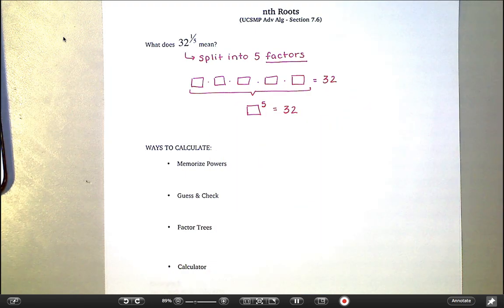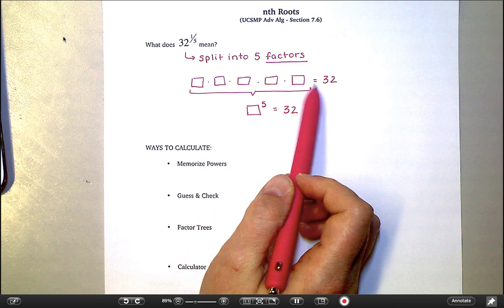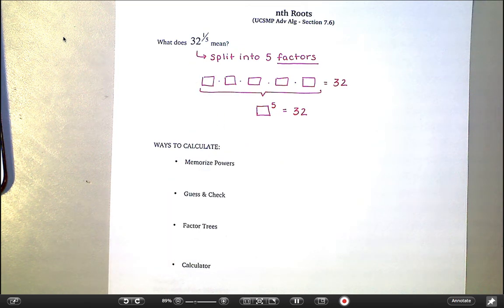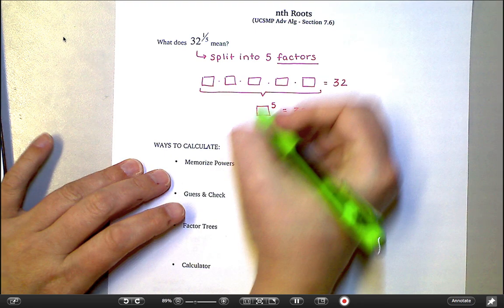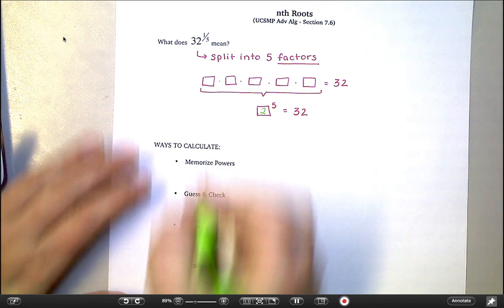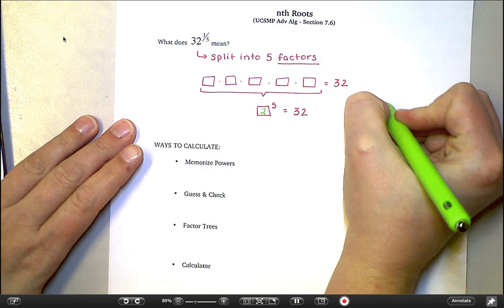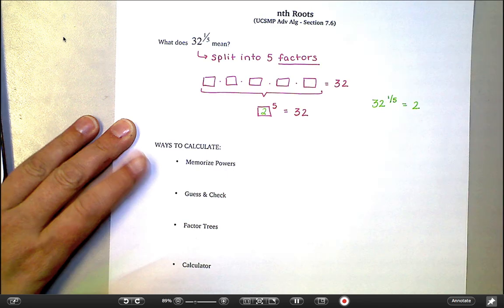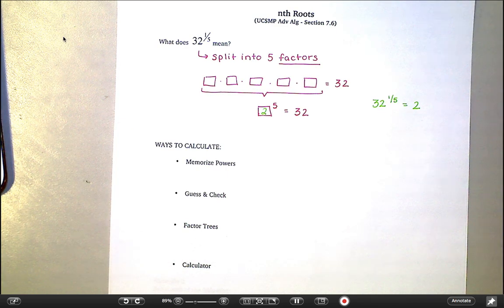That's the question we're really asking ourselves: what times itself 5 times would make 32? Hopefully, you know this answer off the top of your head. 2 to the power of 5 makes 32. So we would say that 32 to the 1/5 power is equal to 2, just so you can get the notation down.